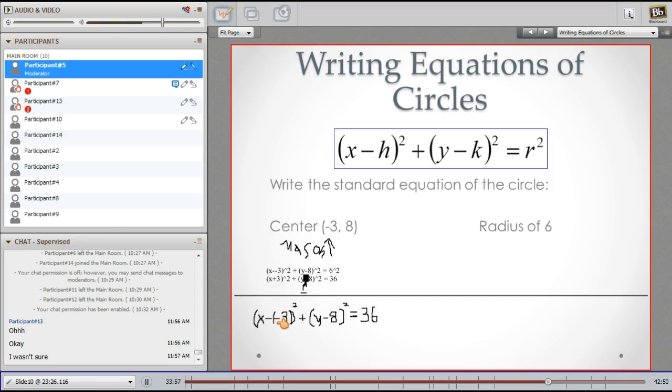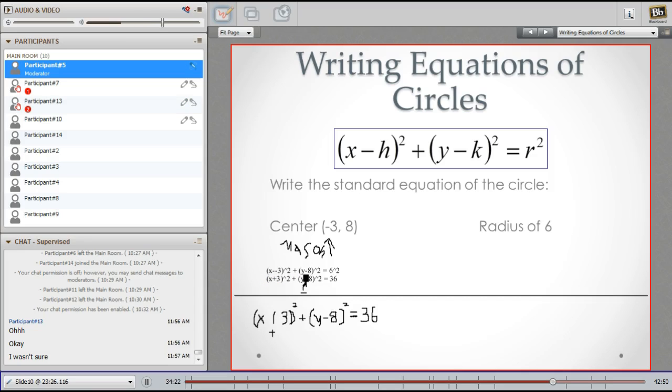So 2 great questions. Mason asked, do I need to actually square this out? No, just leave it. Amelia stopped there, but you would actually want to go ahead and change that to a plus. Oh, gotcha, Mason. Actually, this is different. What you have there, Mason, would be if the 2 is right in front of that parenthesis.